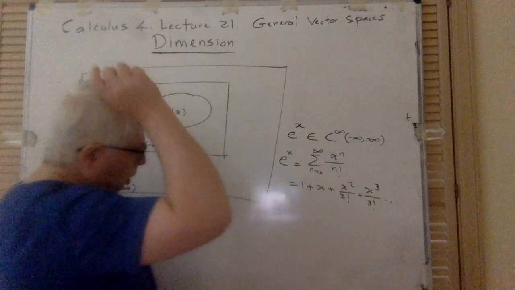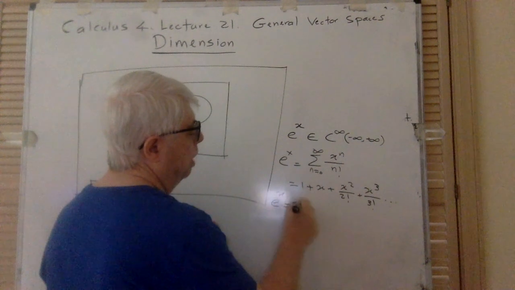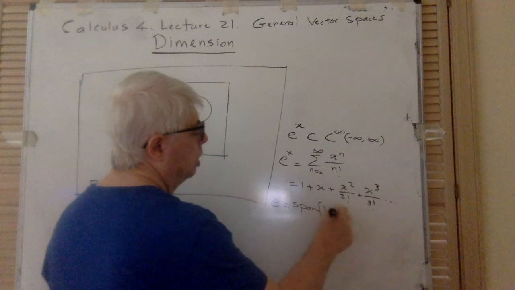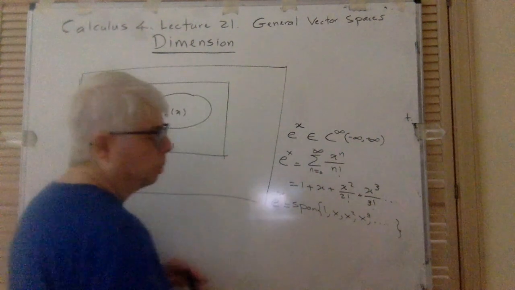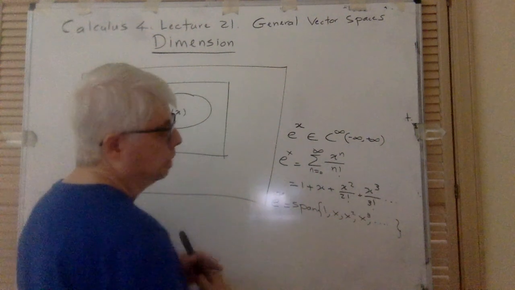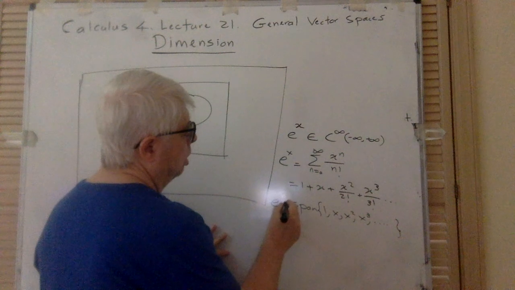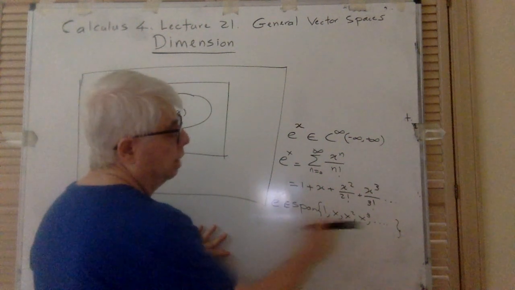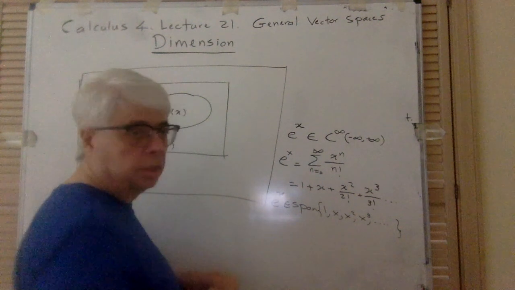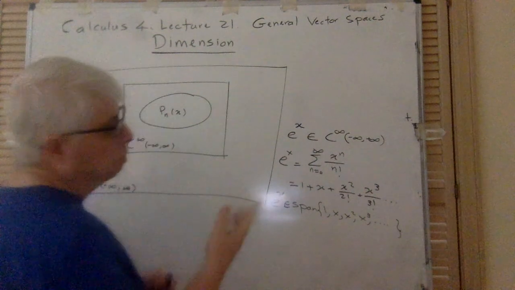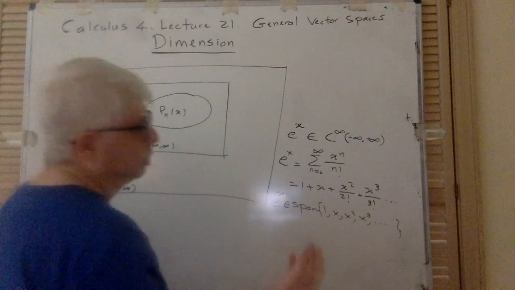So you see e to power x is in the span of 1, x, x squared, x cubed, and so on. The Taylor series doesn't stop, it goes to infinity. So e to power x is an element of this span, and this set is not finite. So e to power x cannot be written as a linear combination of finitely many polynomials.